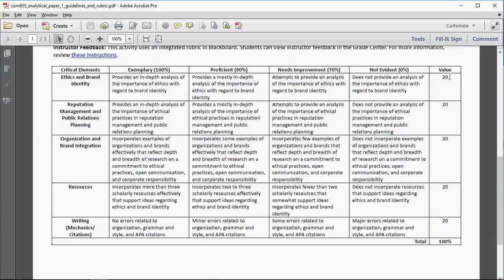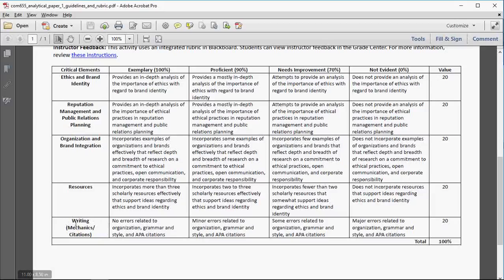The value, this is 20%, 20%, 20%, 20%, 20%, adding up to 100%, of course. So down at the bottom, starting here, writing and mechanics. This is always included in every rubric.